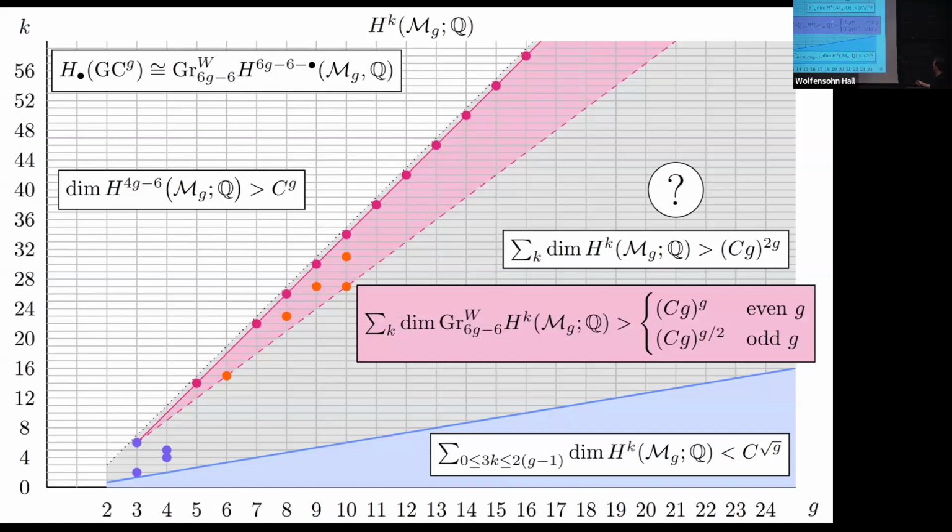And the result transferred to this picture is that also in this top layer, this pink frosting on this picture, there is lots of cohomology, and the amount of cohomology here also grows super exponentially. But here you can now compare the numbers. This is the Harer–Zagier result from the 80s.